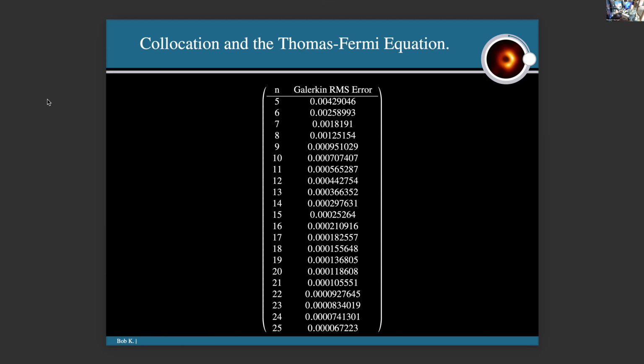What I did was to take a look at what happens when you start at 5 and you keep adding more terms. And you see that the integral from 0 to 1 of the approximation error with 5 terms is about 4 times 10 to the minus 3.